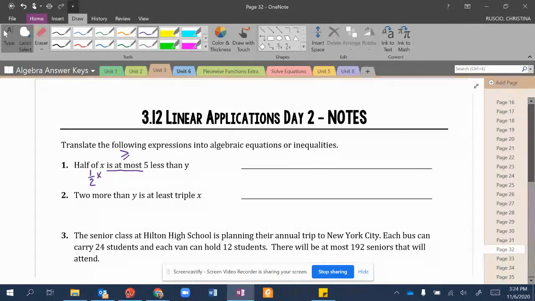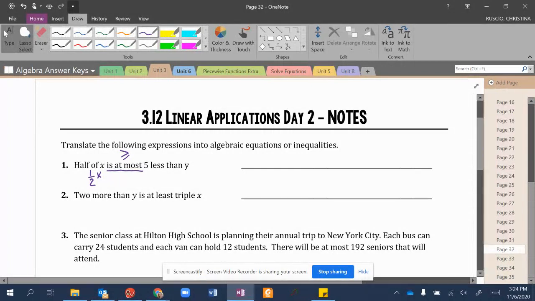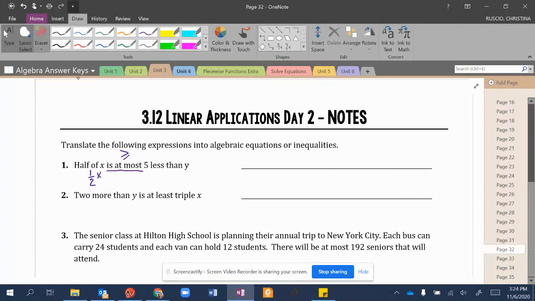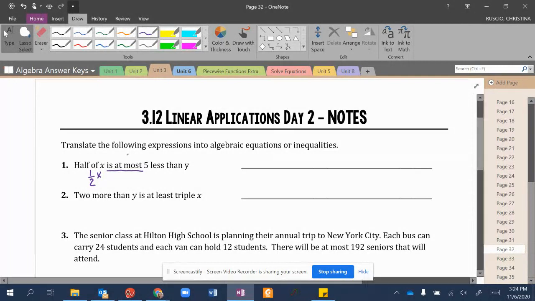But if you think about it and give yourself a little bit of a real life context, like you have to be at most 20 pounds to ride on this ride. I mean, 20 pounds is actually really light, so maybe something more like 50 pounds. I don't know. What that actually means is you can't be any more than that. Like you actually have to be less than that amount. So at most is less than or equal to.